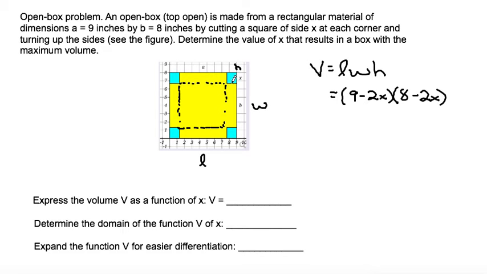And the height of the box we found before is the height that gets cut out, which is a value of X. So we can put this in to express the volume as a function of X, because these are all the length times the width times the height. That gives us our volume as a function of X.